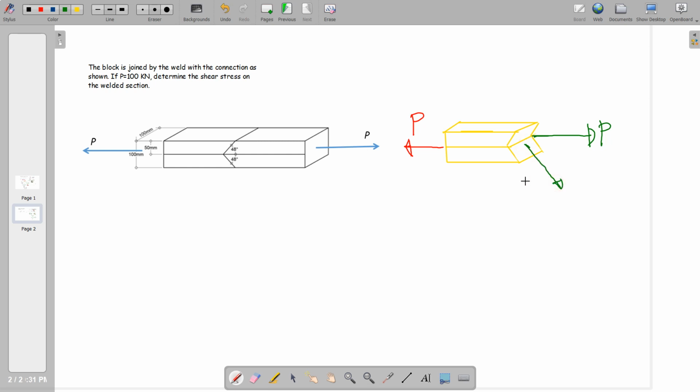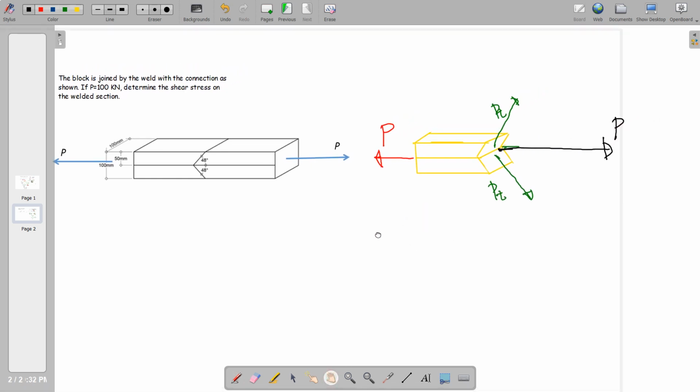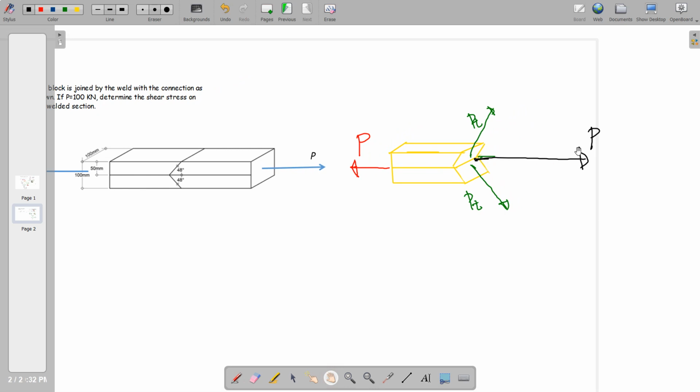Say we have here P tangential. And this P tangential is just a component of your P. Perhaps we can indicate that in another color, just to distinguish that P here is the mother force, and the P tangential is just the component of that mother force.